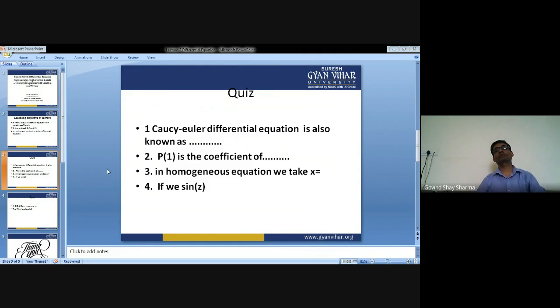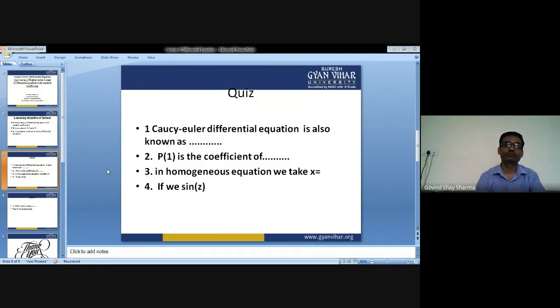P1 is the coefficient of dy upon dx. When we go to the exact form, I will tell you how to write the linear differential equation. P0 is the coefficient of d2y by dx2 and P1 is the coefficient of dy upon dx. In the homogeneous equation, we take x is equal to e to power z.